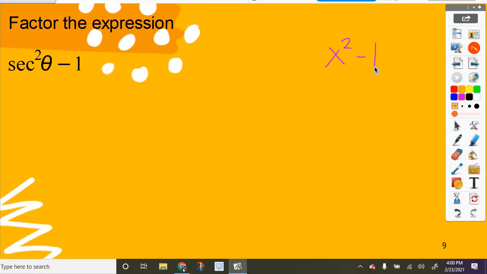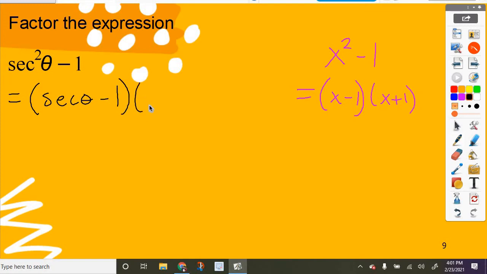So in this case, I notice that my x is being squared, I have a binomial, and also 1 is a perfect square. So that tells me that I can use my difference of squares, and we get x plus 1 times x minus 1, which means that in our trig example, it's going to work very similarly, but instead of writing an x, we're going to write a secant of theta.